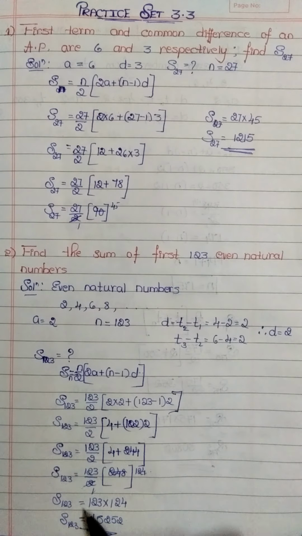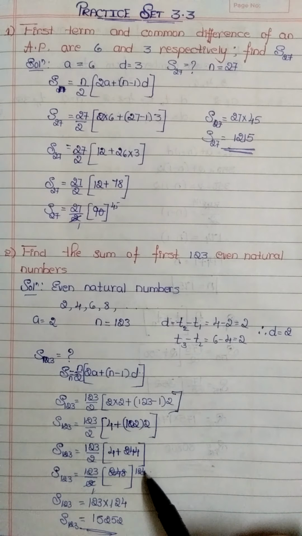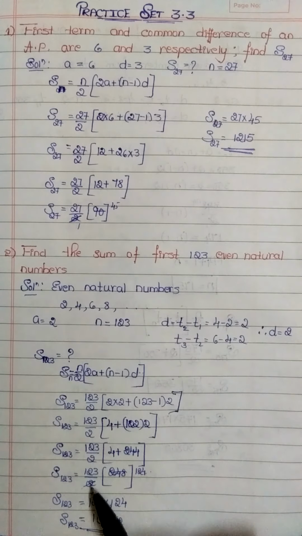So S123 equal to 123 into 124. Here 124 because 248 divided by 2 is 124. S123 equal to 123 into 124, it gives 15,252.